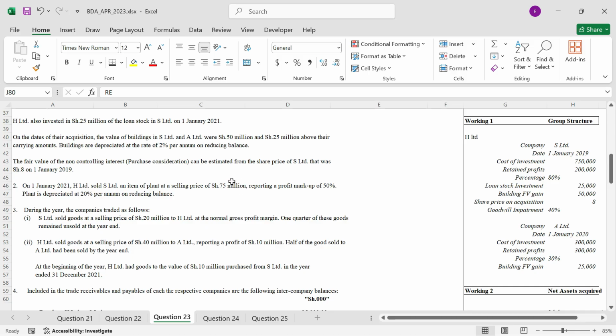So I have an amount of unrealized profit with the asset sold outside the group. The unrealized profit is given as a markup of 50%. But more than that, my plant is depreciated at 20% per annum, meaning I will have an amount of excess depreciation of my unrealized profit.